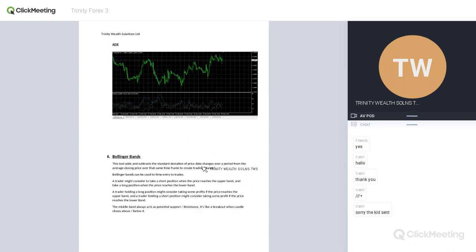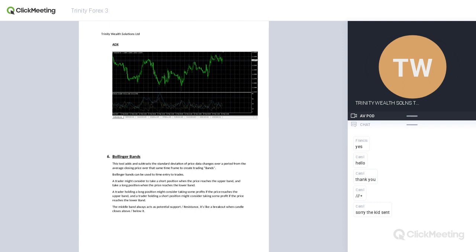Let's discuss Bollinger Bands, then I will show both of them on the platform. Bollinger Bands: this tool adds and subtracts the standard deviation of price data changes over a period from the average closing price over that same time frame to create trading bands. So Bollinger Bands can be used to time entry to a trade. A trader might consider taking a short position when the price reaches the upper band and a long position when the price reaches the lower band.